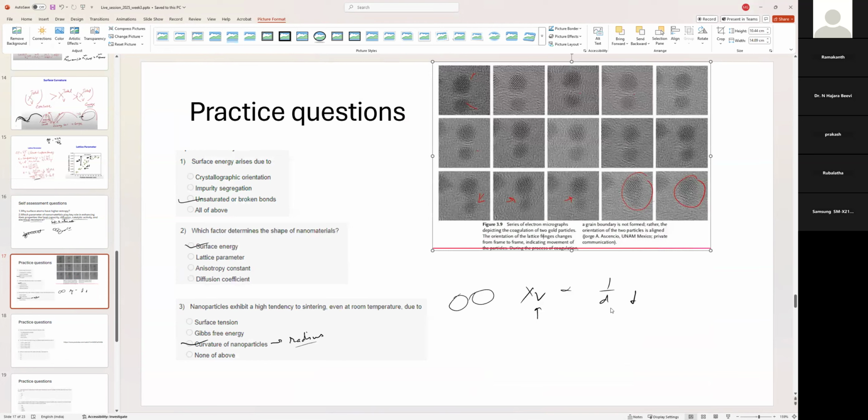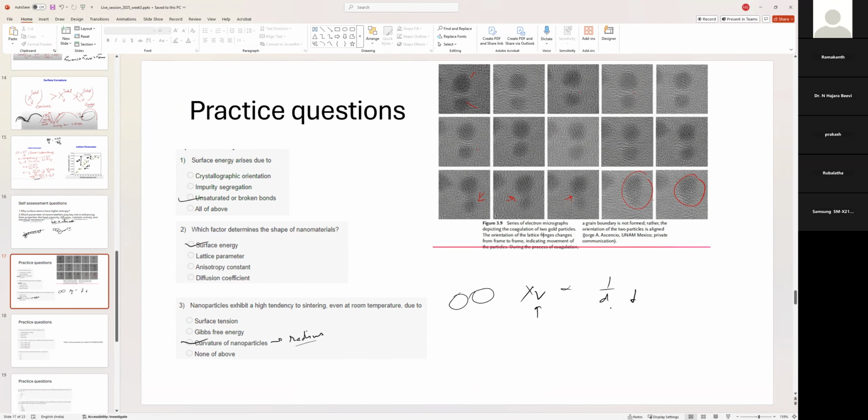So you have two nanoparticles which come in contact with each other. Since there is large vacancy concentration on the surface, just where the particles would meet, you have negative curvature.